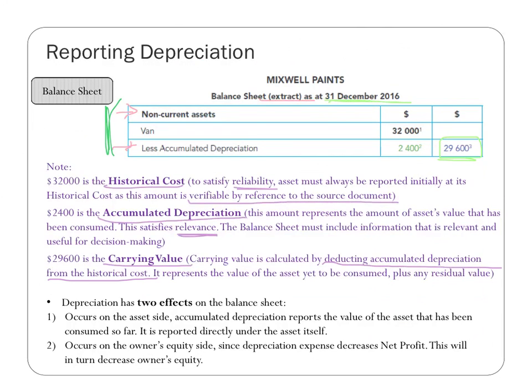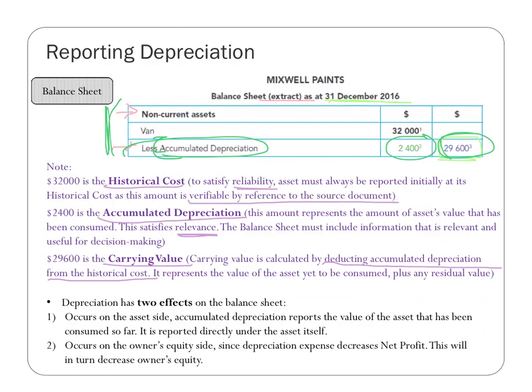Whenever you update your depreciation figure, it's going to affect accumulated depreciation, and when you take this figure away from the historical cost, it gives an updated figure for the carrying value. This is how depreciation affects the asset side of the balance sheet.